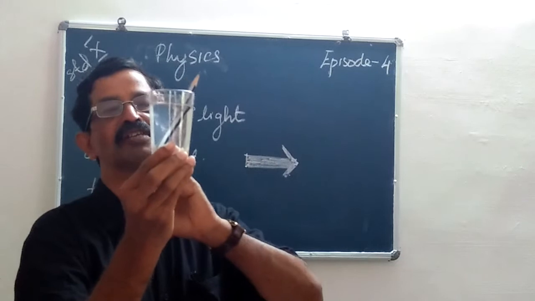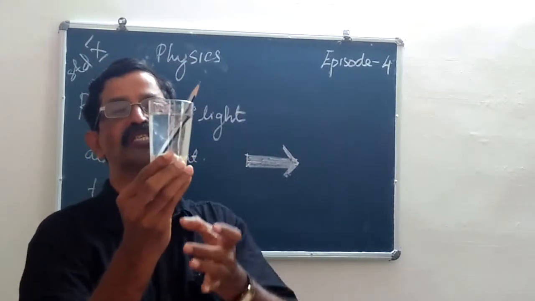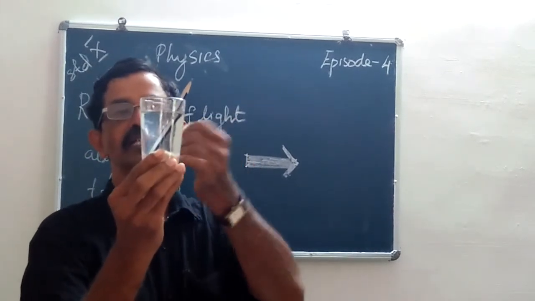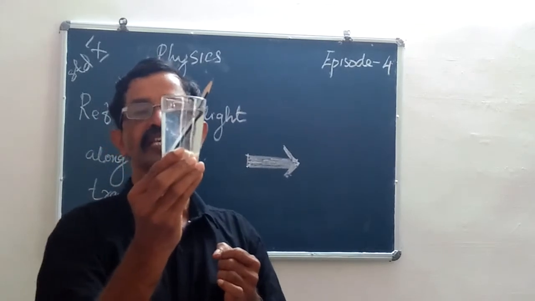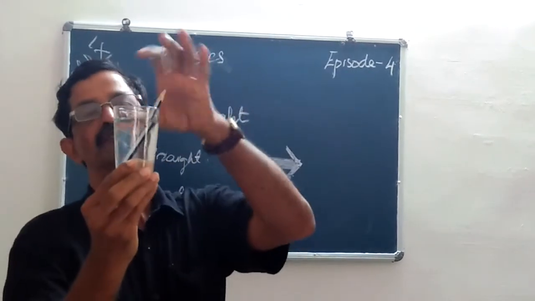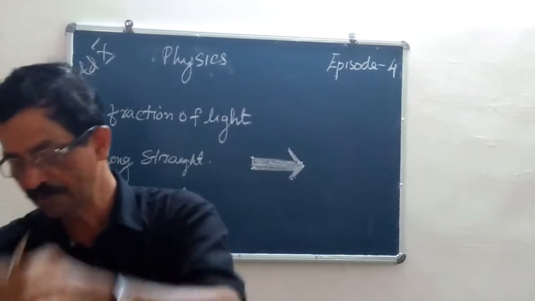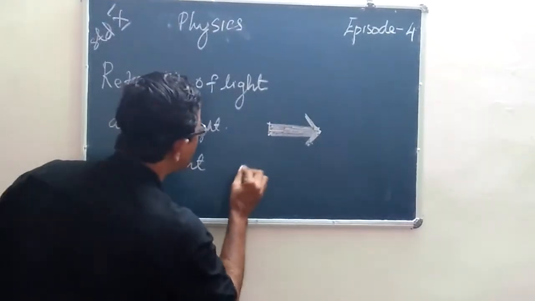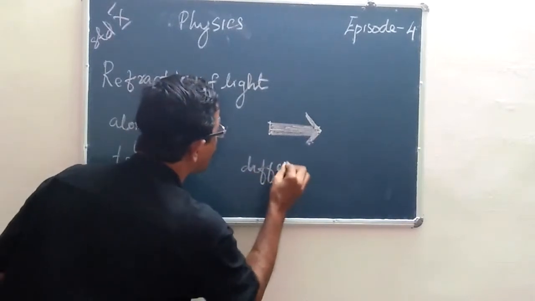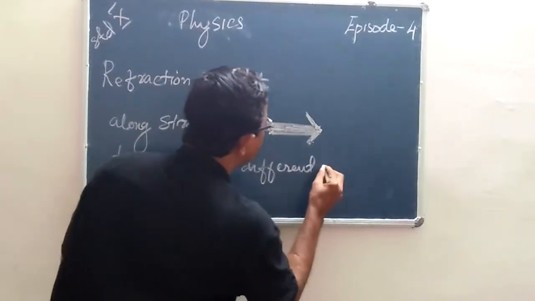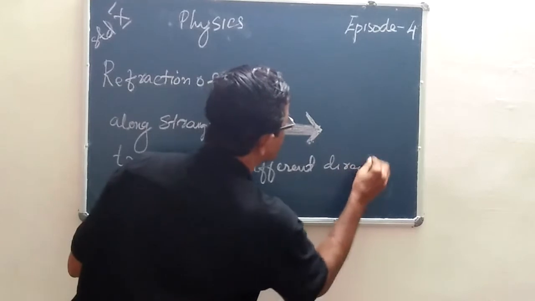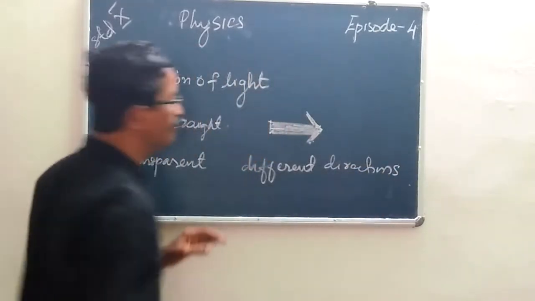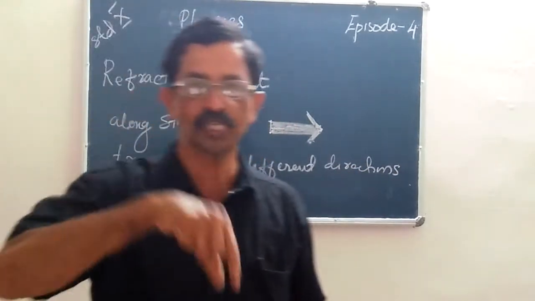Why this deviation? When we observe this pencil from the other side, we can see light from the water appears to come from different directions, compared with the pencil outside the water.